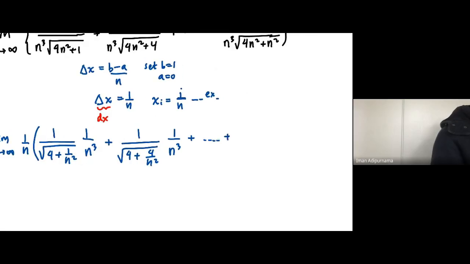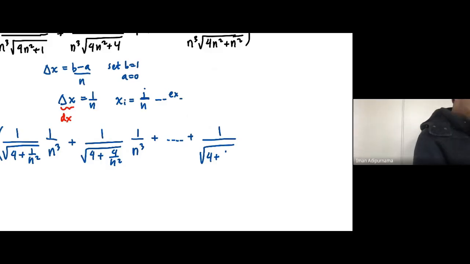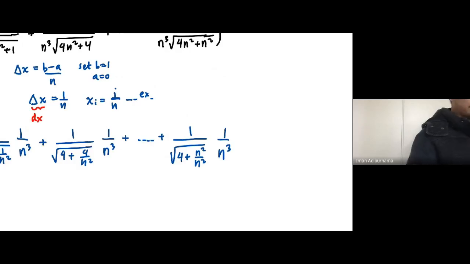And do that until we have 1 over 4 plus n squared, and this will be n cubed, sorry.